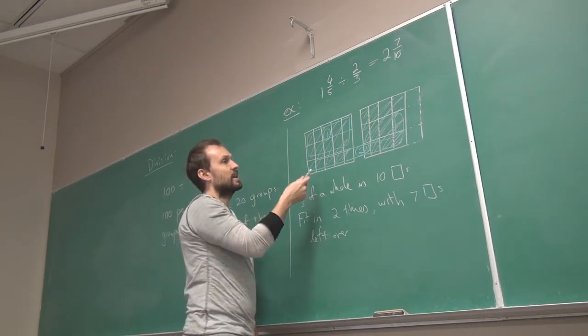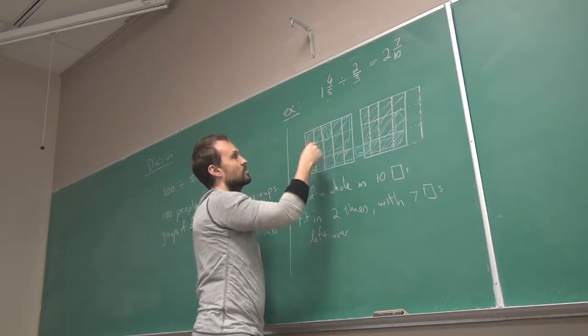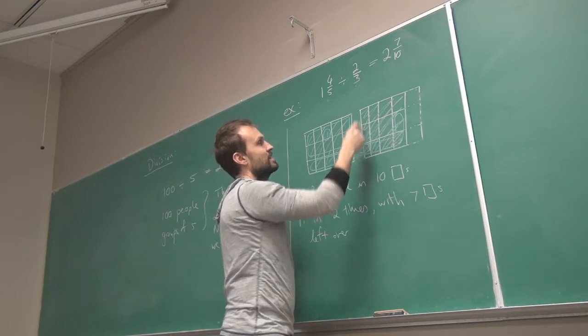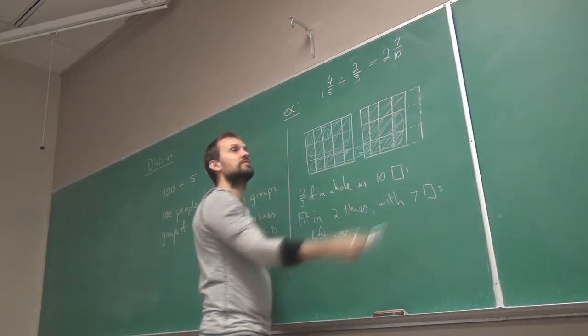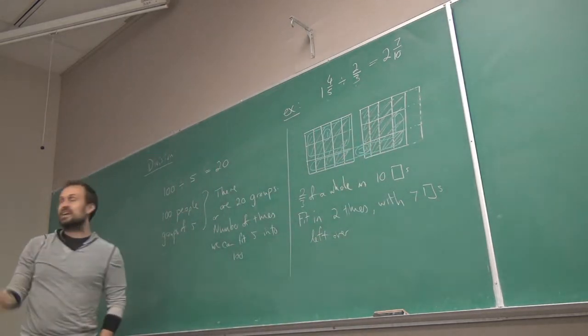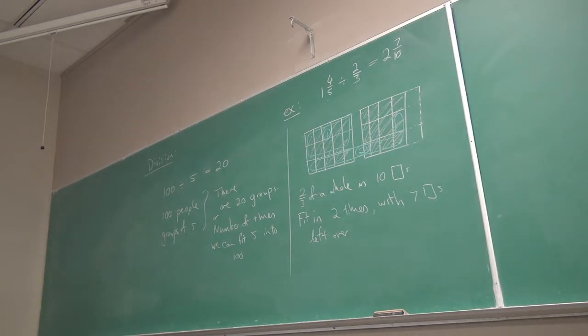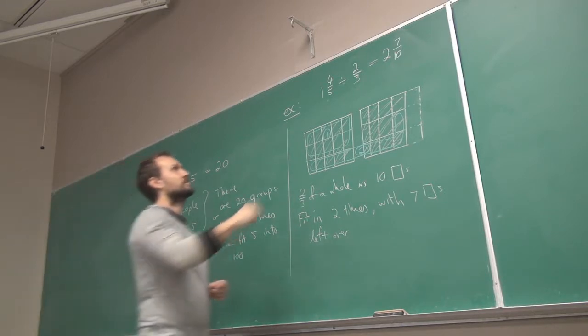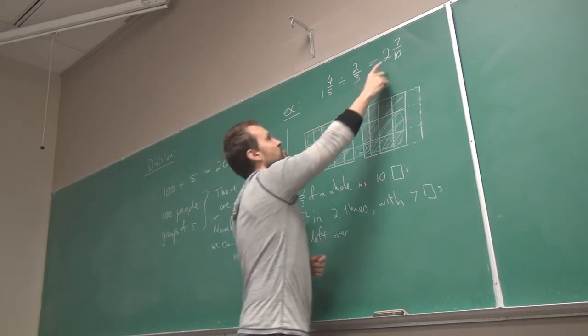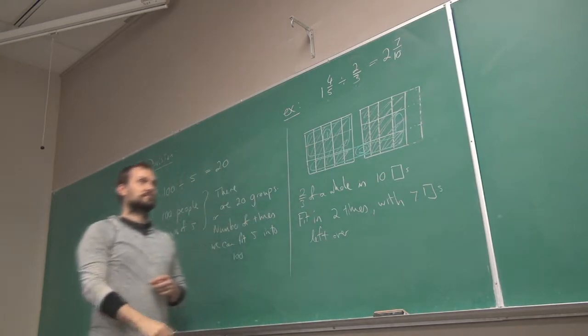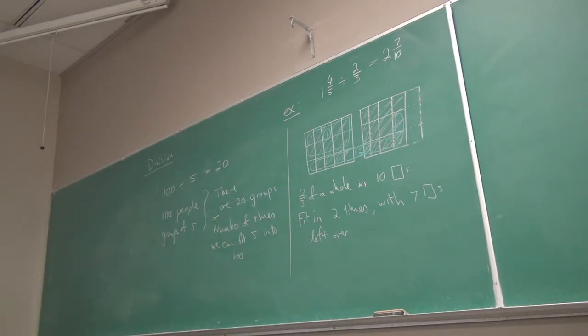How many times can I fit that in? Groups of 10. One group of 10, another group of 10, and I don't have enough left. I have a portion of that left. So 7 out of the 10 that I need, I can fit in. So 7/10 of another group I can fit in. So I can fit 2/3 into this twice in 7/10 of a time, I guess. How does that feel?